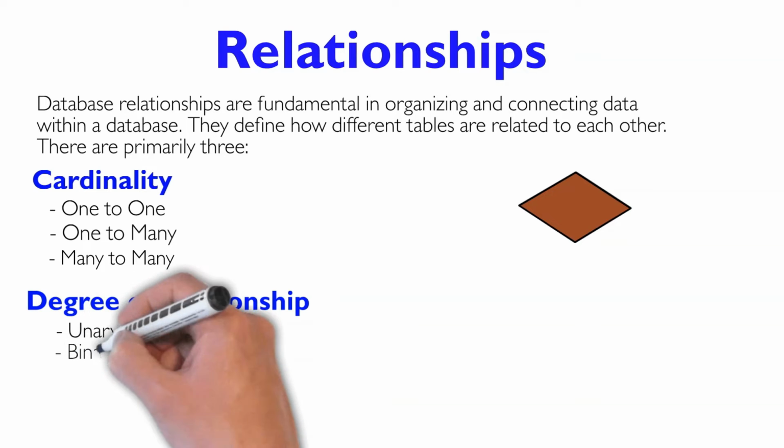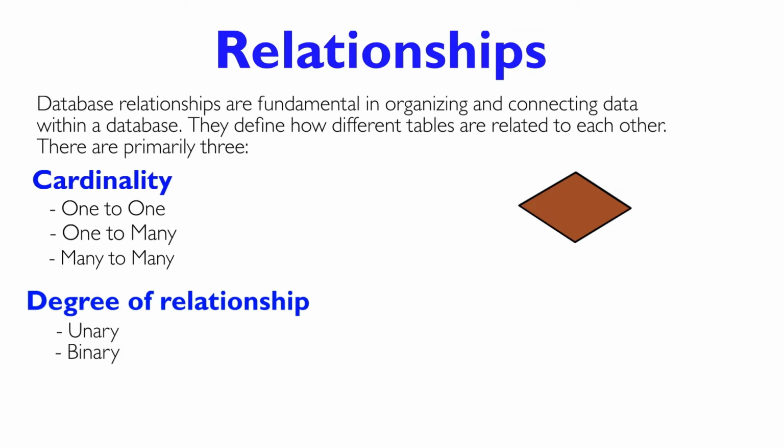We also have the binary relationship. So this is the most common type of relationship where you have two entities involved. For example, in a database for a school, right, you might have a binary relationship between students and courses, right? So you can easily visualize this one, right? A teacher teaches courses, right?